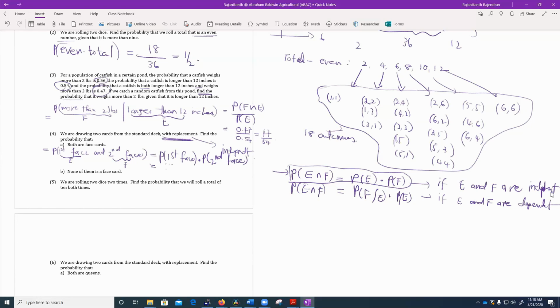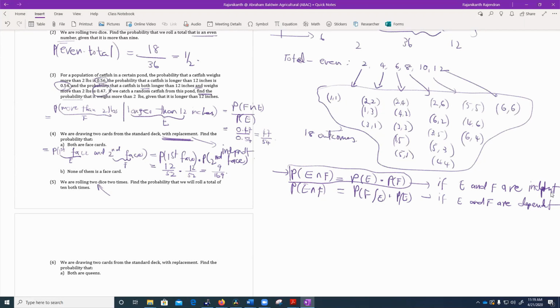There are 12 face cards out of 52. The second time, you are replacing the card, so again you have 52 and the same outcomes. So it is 12 over 52. Simplify this one. What is the answer? If you simplify, I believe 9 over 169. Could you check?